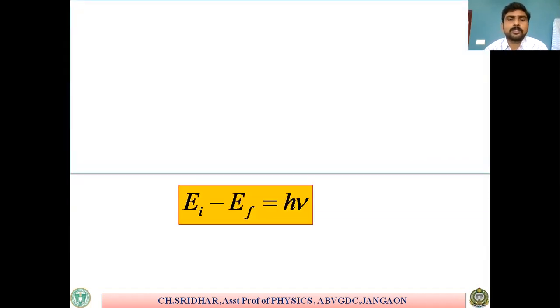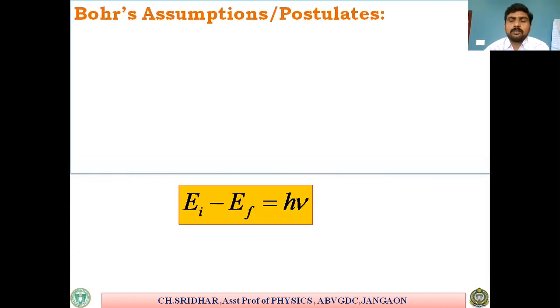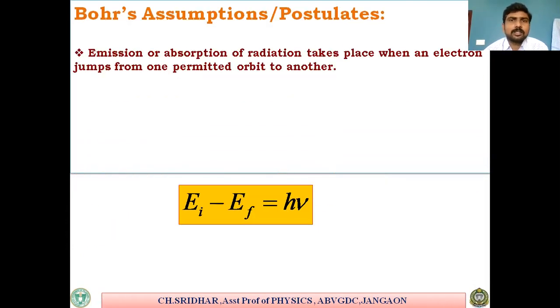And then the third postulate is, when an electron jumps from one permitted orbit to another permitted orbit, emission or absorption of radiation takes place. Either emission or absorption of the radiation takes place.